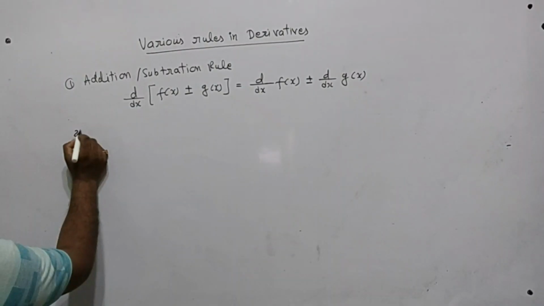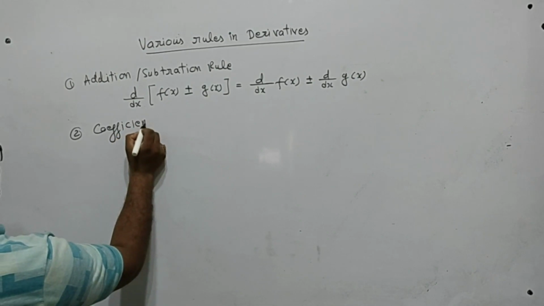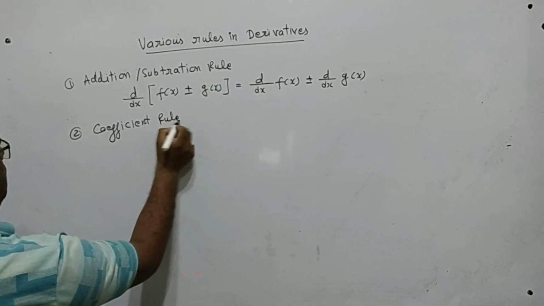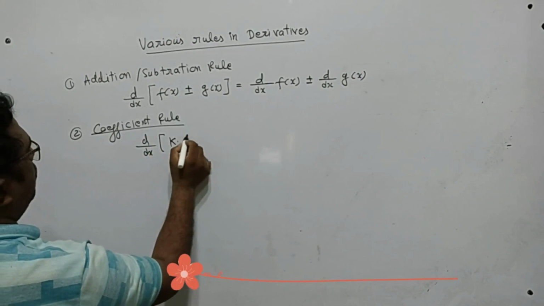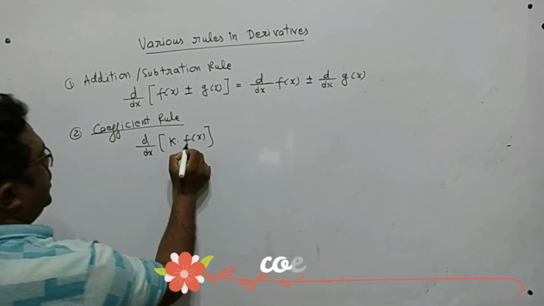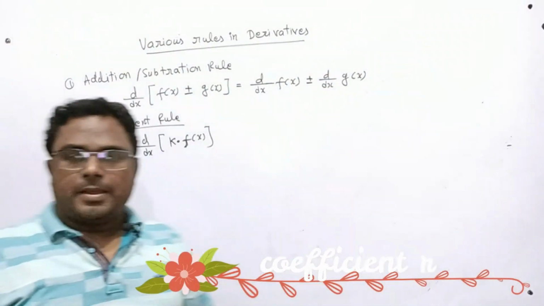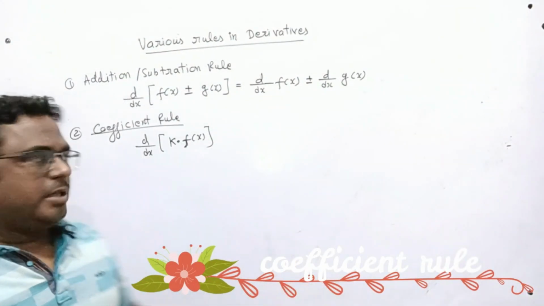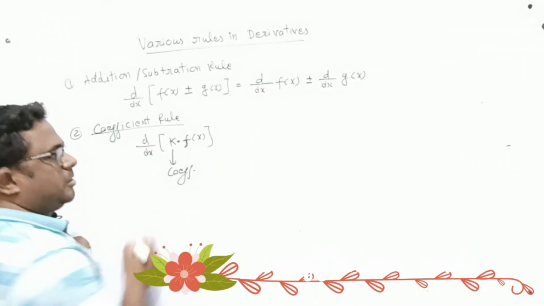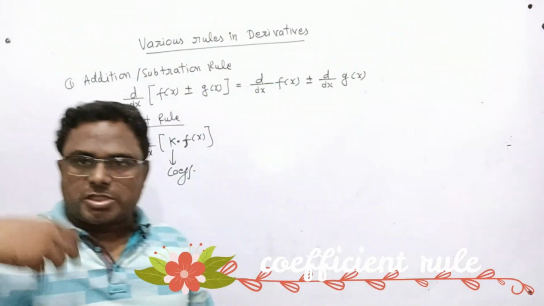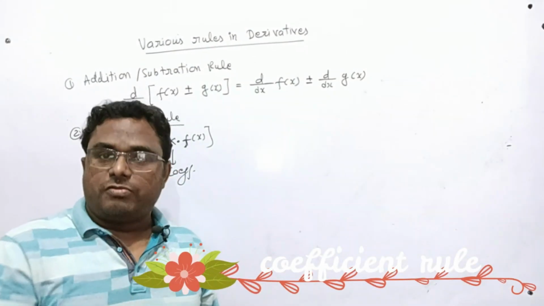Number 2, coefficient rule. dy/dx of k into f(x). Here f(x) is some function and k is a constant in multiplication with f(x). In that situation, we call k the coefficient. If some constant comes in multiplication with a function, then that constant is known as the coefficient.